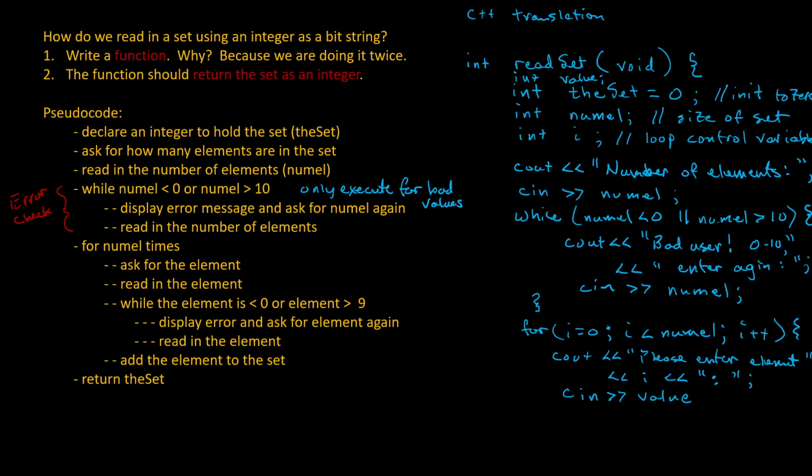So I'll do that. I'll have another while loop. While value is less than 0 or value is greater than 9 in this case. So I've got a slightly different set of conditions here where I have to check for 9. 10 would be the number of elements.